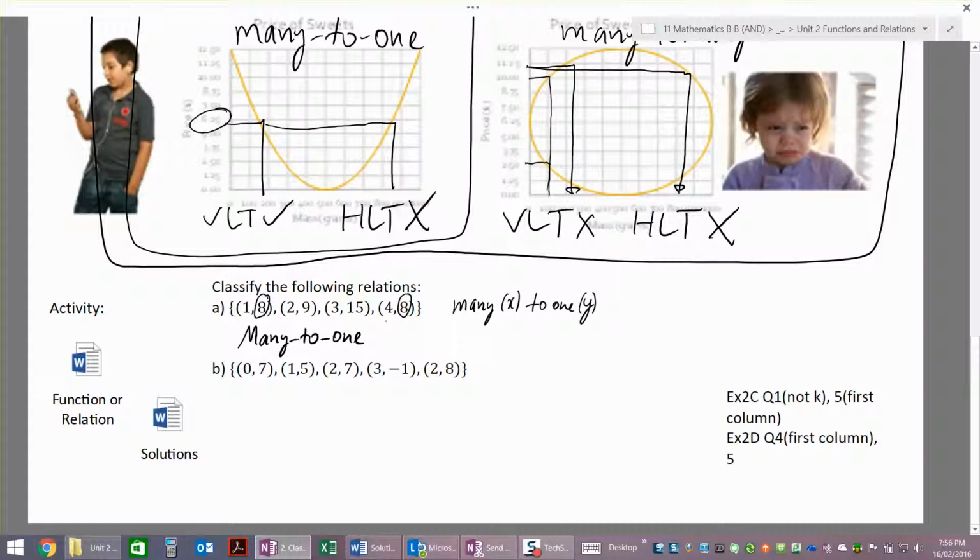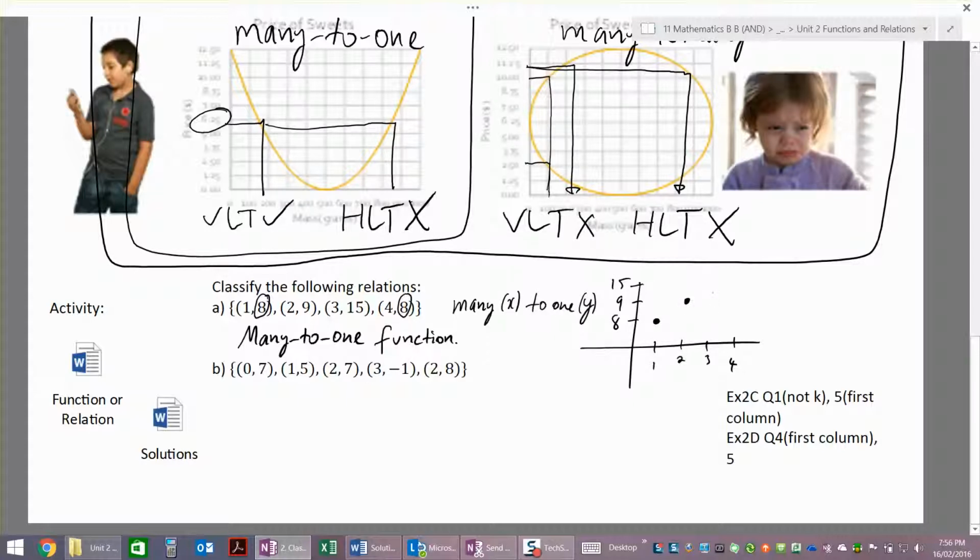Is it a function or a relation? It's a function. Okay, I suppose we could sketch these points just for demonstration purposes. Obviously this isn't exactly accurate.